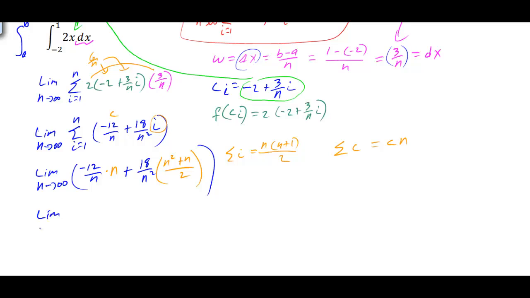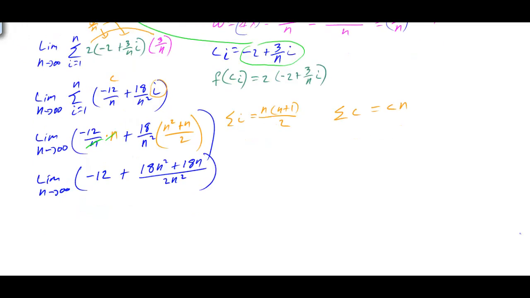And we're getting closer. If we do a little bit more simplification here, notice the n's are going to cancel. So we'll be left with negative 12 plus, here we're going to distribute, we would have 18n squared plus 18n over 2n squared.